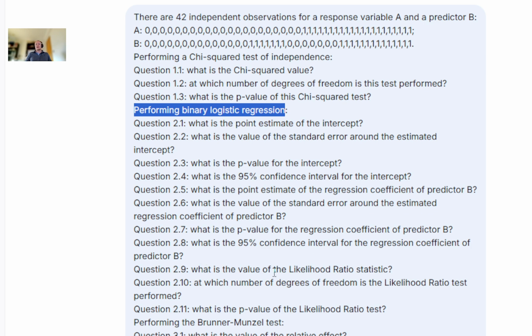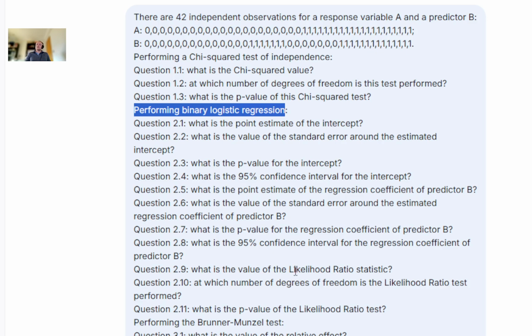And then we have a few questions on the so-called likelihood ratio test, which is a comparison in this case between the model that includes the regression coefficient of B, so it basically includes predictor B, versus a so-called null model which does not include any predictors, just has an intercept. Then also the number of degrees of freedom for that test, which is basically treated as a chi-squared test as well.